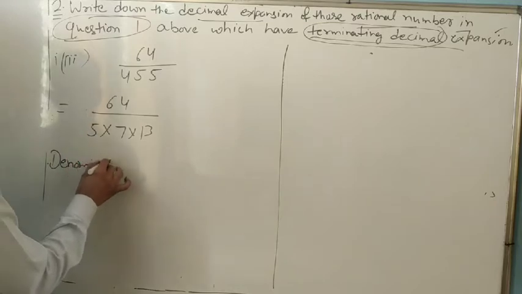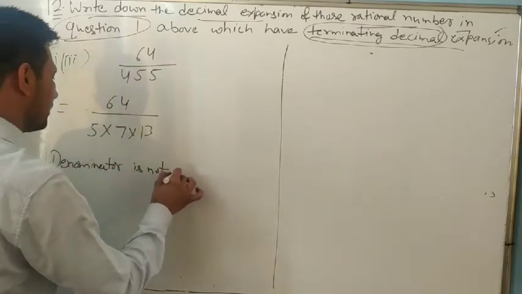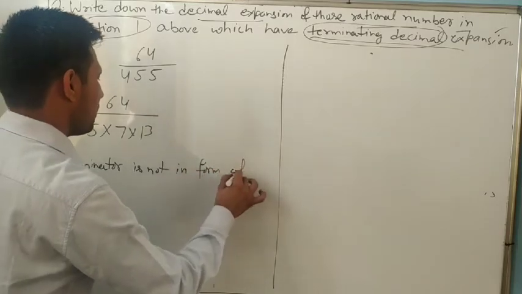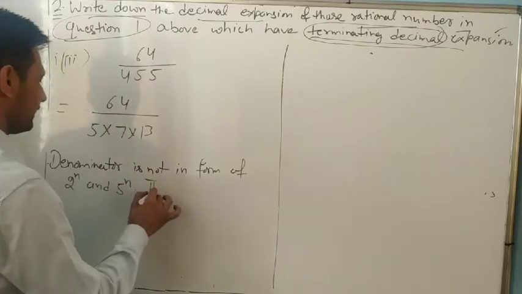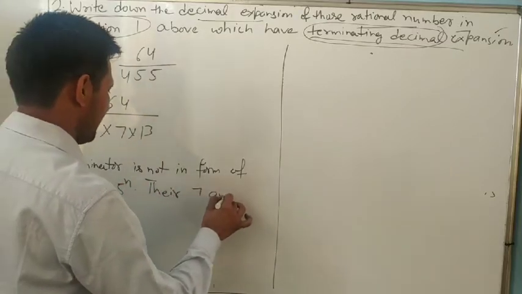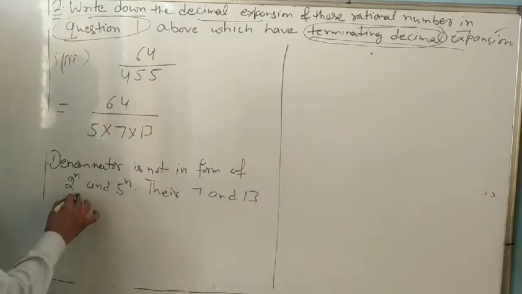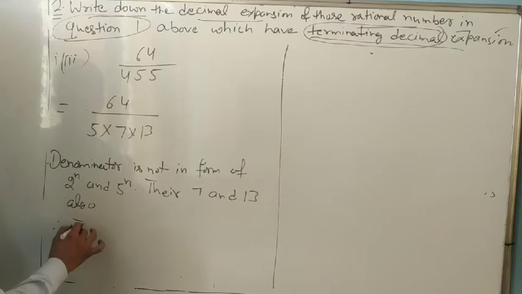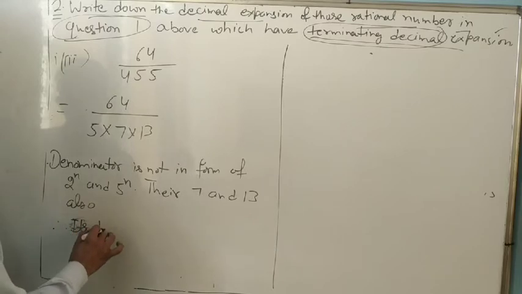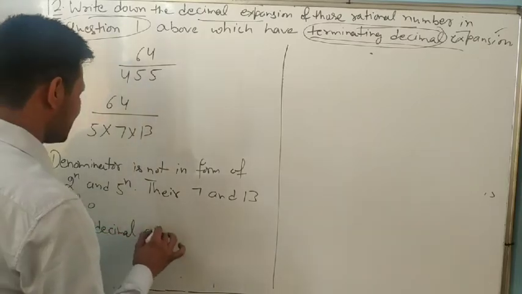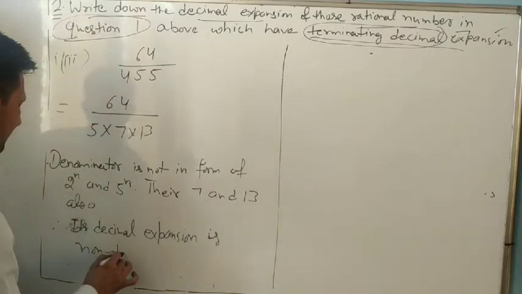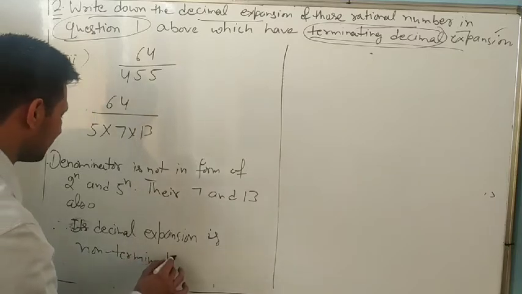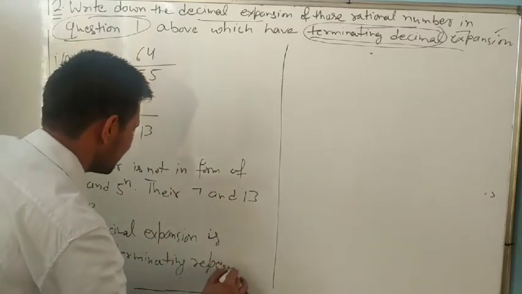So you write, the denominator is not in the form of 2 to the power n and 5 to the power m. There is 7 and 13 also. So therefore its decimal expansion is non-terminating and repeating.